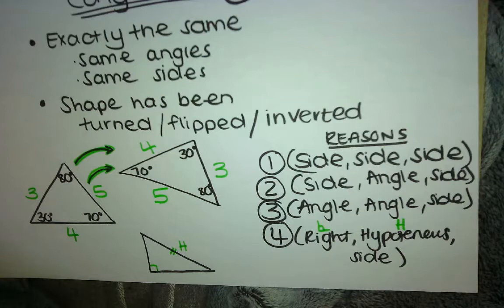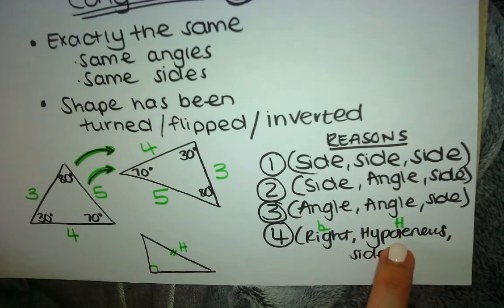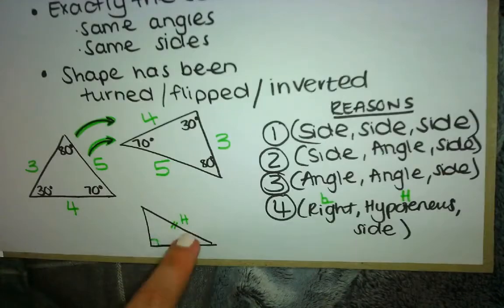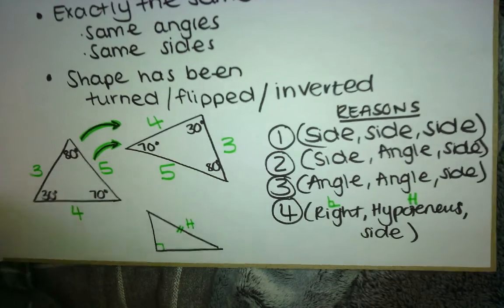And then the last one is right angle, hypotenuse, side. Remember I told you guys, in a right angle triangle, the hypotenuse is always the longest line. You don't really need to know that yet, that's more for grade 8.